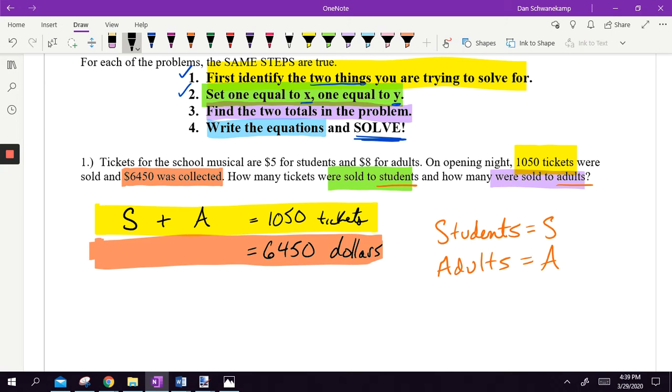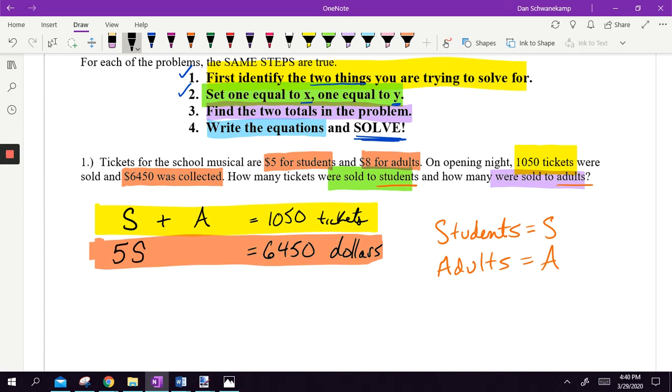The second one is money. So that was a little bit different. Let's look back in this problem to find anything about money. Well, the tickets were $5 for students and $8 for adults. So let's think about that. I need to write an equation. We're going to take $5 times every student. Yep, my 5's and S's look very similar.